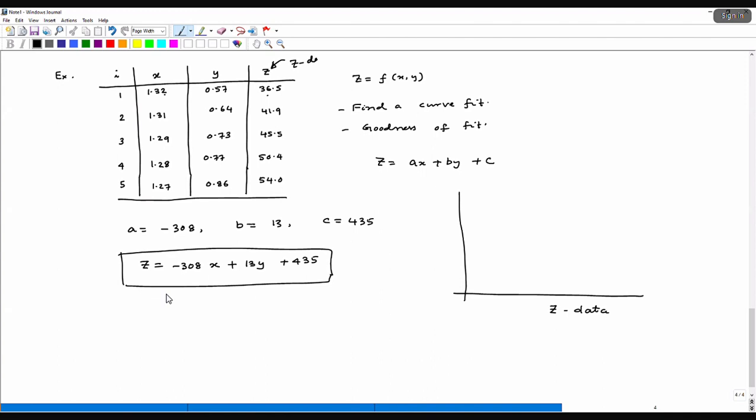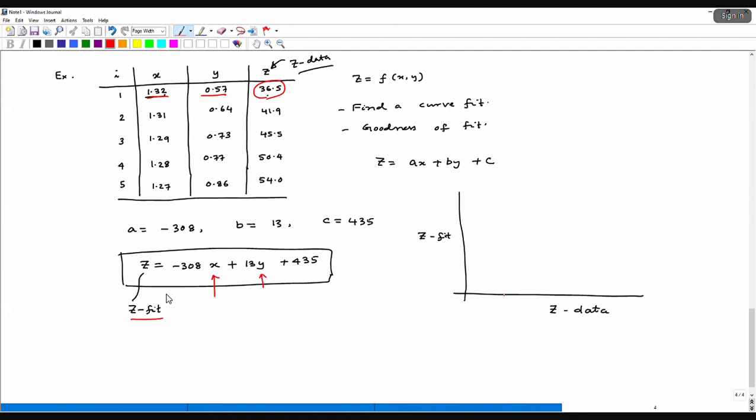On the y-axis, I have Z fit. Now, for a given X and given Y, I have the Z data. If I substitute this X and this Y, I will get the Z fit.